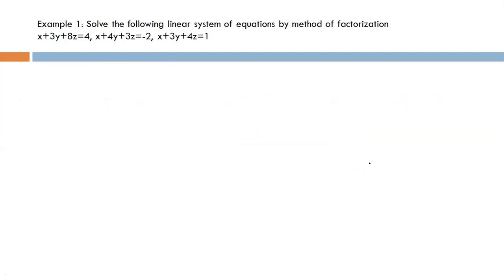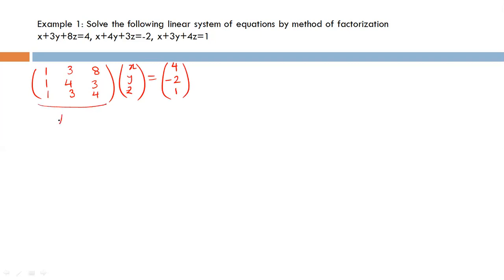Solve the following linear system of equations by method of factorization. Now we can write the coefficient matrix as 1, 3, 8, 1, 4, 3, 1, 3, 4, times x, y, z, equal to 4, minus 2, 1.